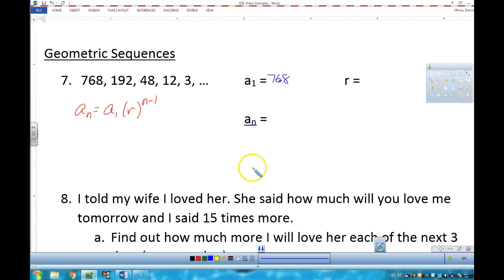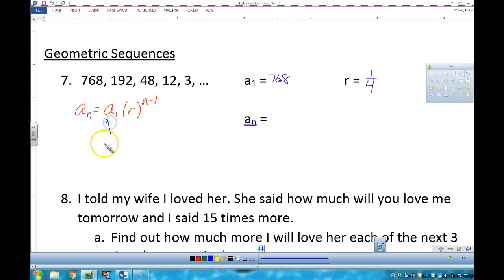What's our R value in this problem? We're going down, so we know it's going to be a fraction. How much are we going down every time? You're correct if you said 1/4. So the R value is 1 over 4. So a sub n we simply plug in.